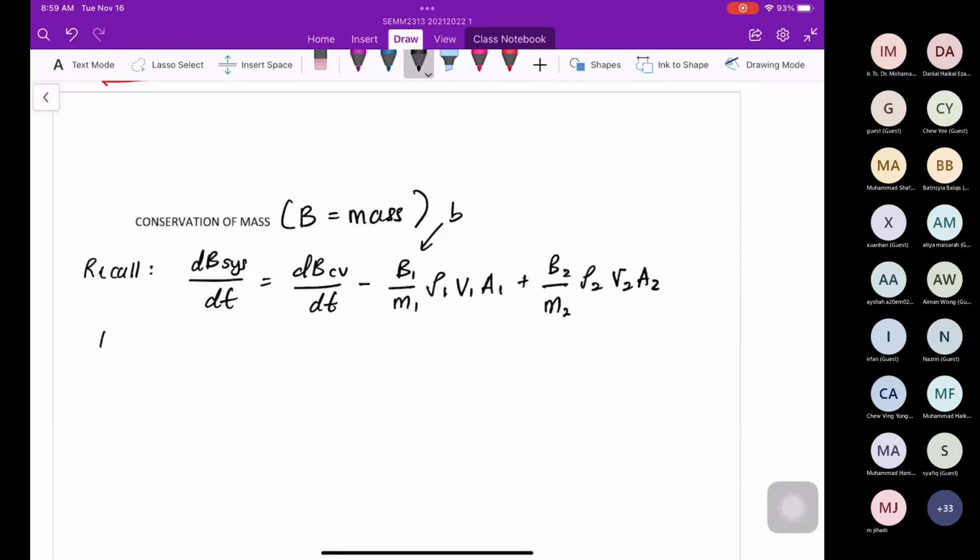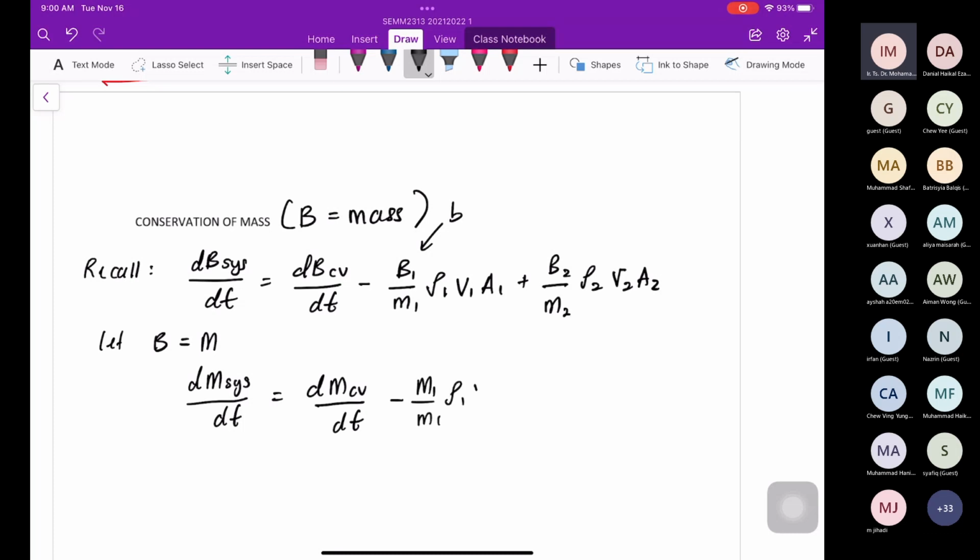So let capital B, the extensive property, equal mass. So I want to substitute only d mass over dt equals d mass of the control volume over dt minus M1 over M1, rho 1 V1 A1 plus M2 over M2, rho 2 V2 A2. So we can cancel out this one.